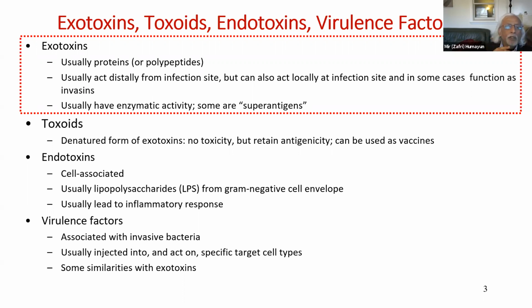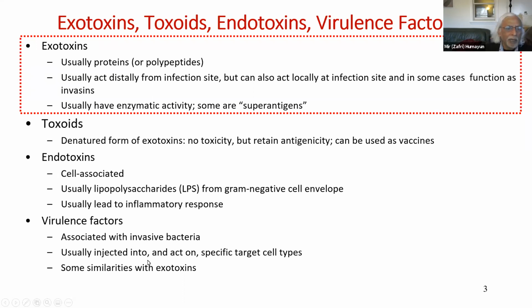Okay? They usually have enzymatic activity, but some exotoxins are superantigens. We'll discuss those briefly. As contrasted to exotoxins, toxoids are simply denatured forms of exotoxins. They have no toxicity, but they do retain antigenicity. In fact, they are very good vaccines.